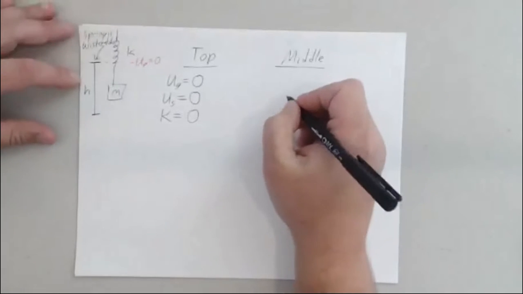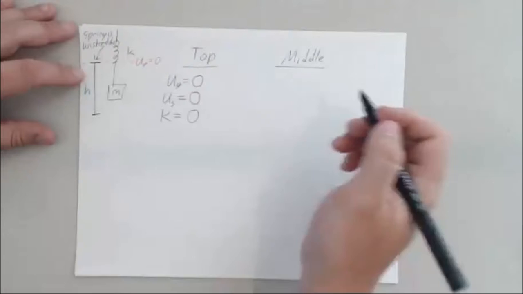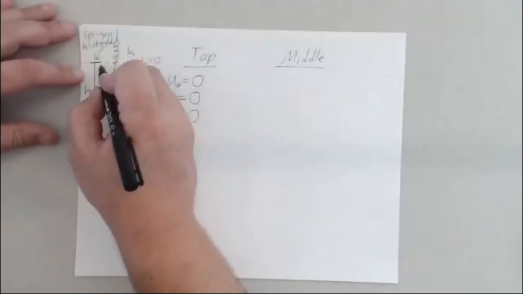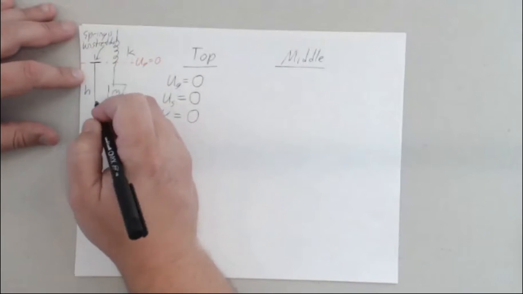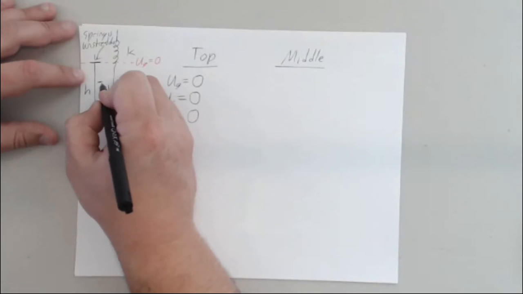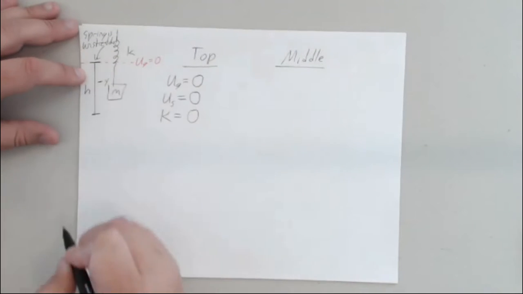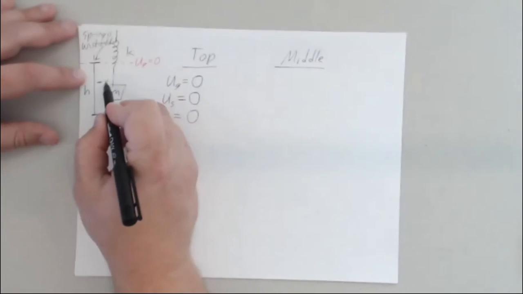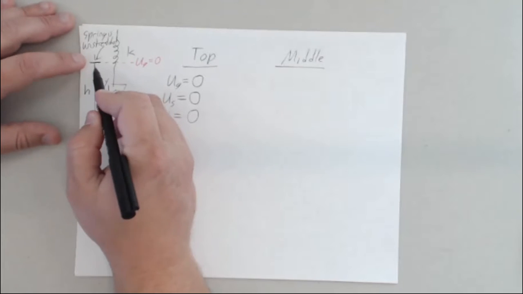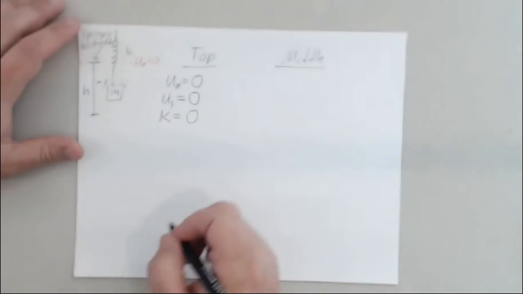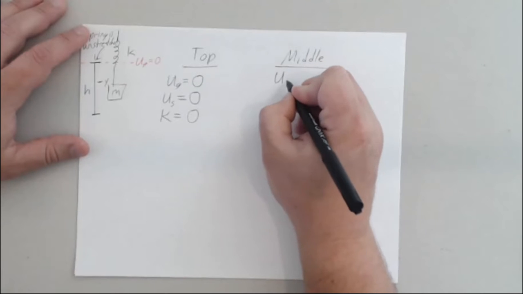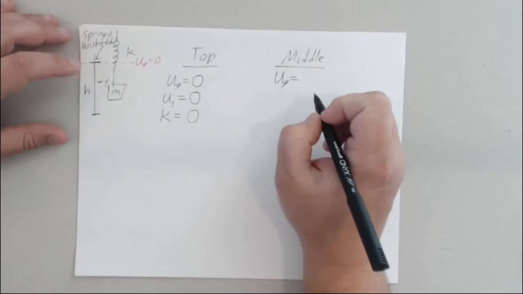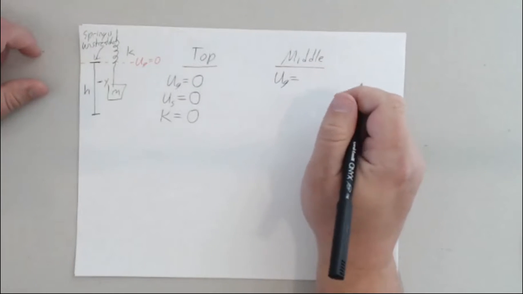Okay, now let's pick a spot in the middle, just any old spot, right? Some distance between the top and the bottom. And I'm going to call that spot y, right? So y could go from 0 up at the top to -h down at the bottom. So what's my gravitational potential energy at that spot that I just made up?